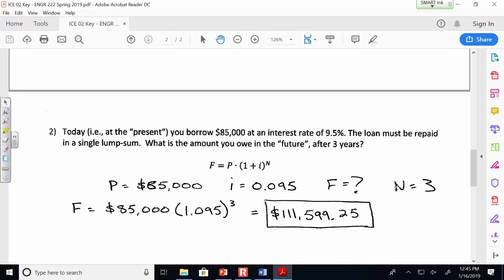And so each year that you keep going, you have to pay the 9.5% on the original balance and also all of the interest that has accumulated up until then. So we'll go through these compound interest calculations in the future, but I wanted to acknowledge that that's what this formula is meant to do. It's meant to account for compounding interest over time. Any questions about this first one?